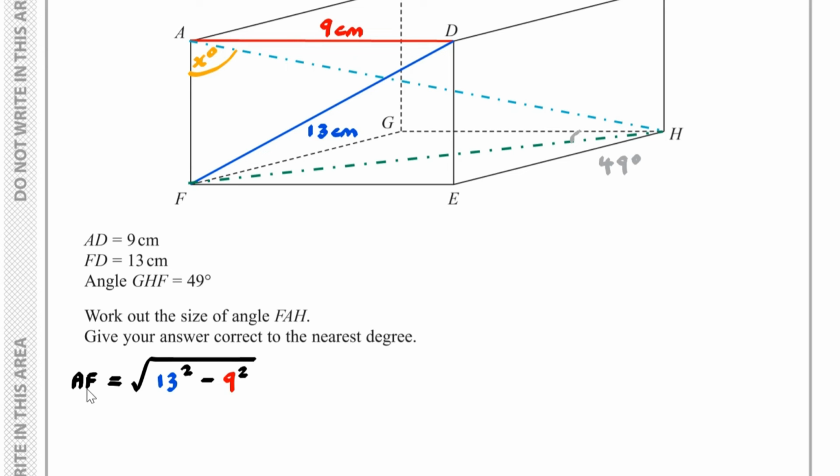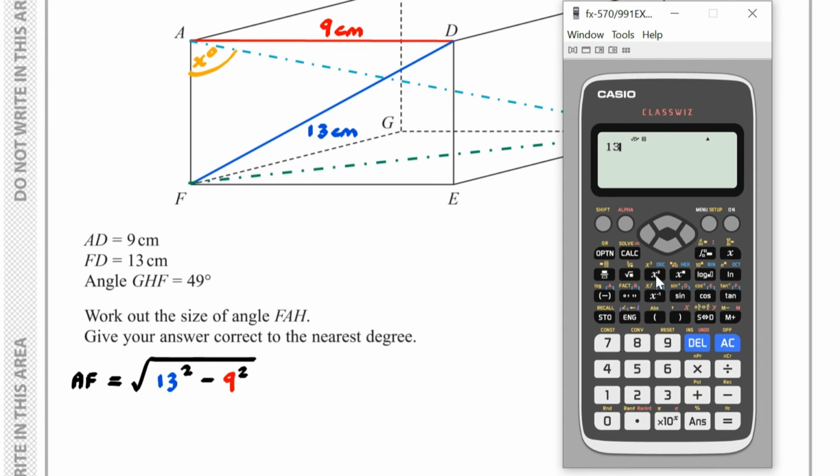And if we work out what this is, 13 squared subtract 9 squared square root is 2 root 22, which is equal to 9.38, etc. So this length here is given as 9.38, etc. centimeters.